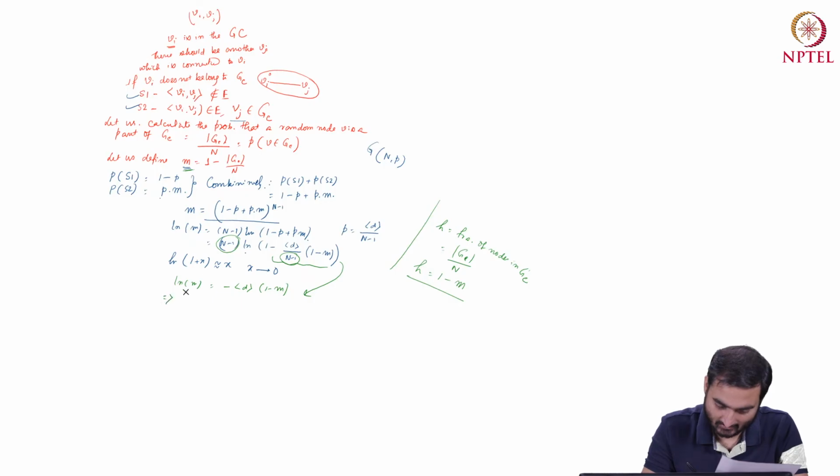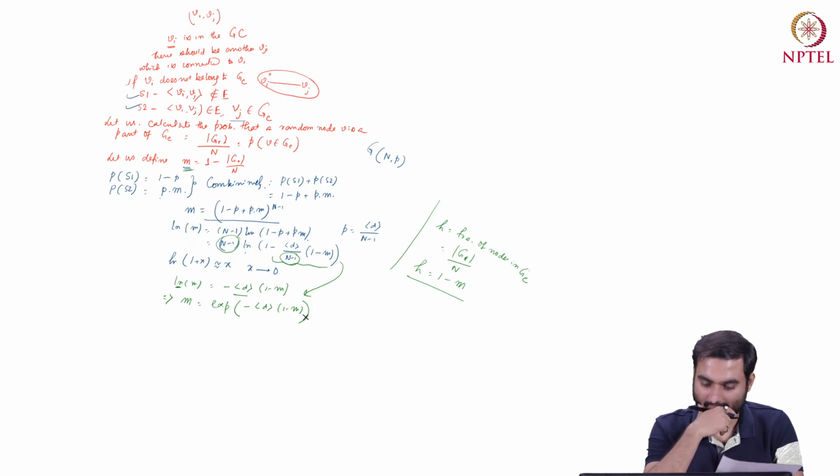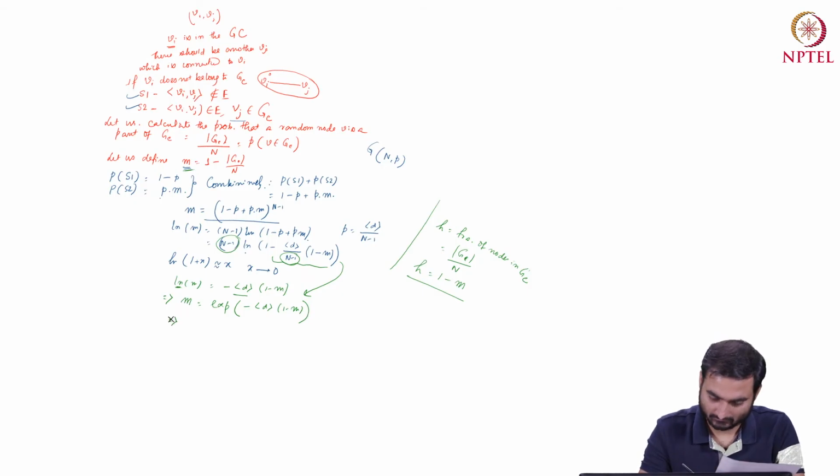Now let's come back here. When we move the log, this will be exponential, so M equals exponential of minus D times 1 minus M. Now subtract both the left side and right side from 1.